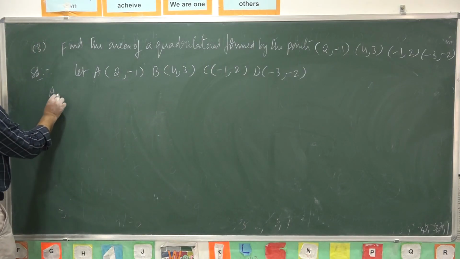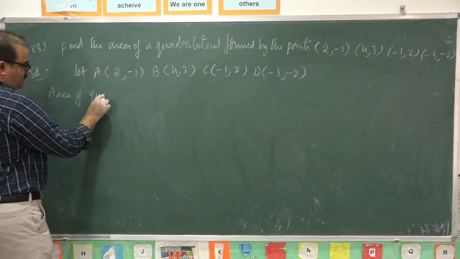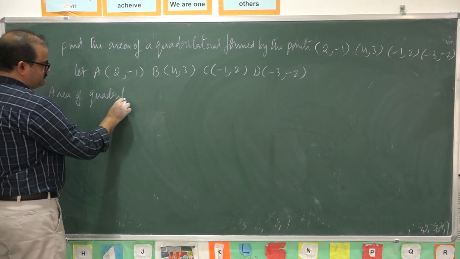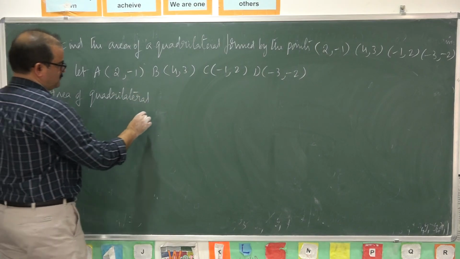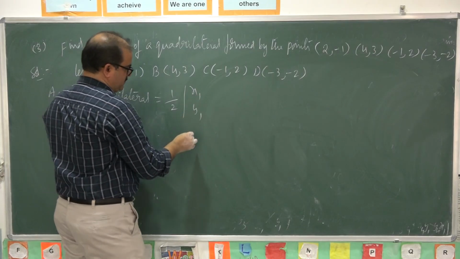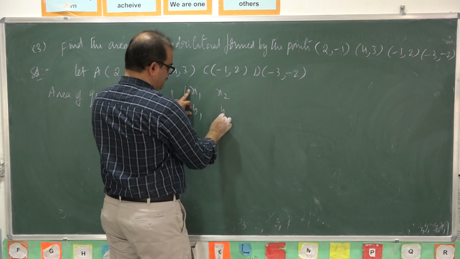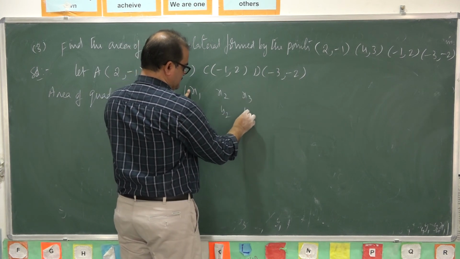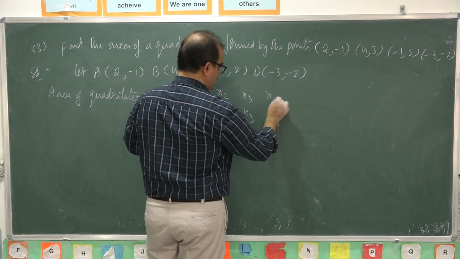Area of quadrilateral is 1 by 2 into x1 y1. Write the coordinates x2 y2, x3 y3, x4 y4.